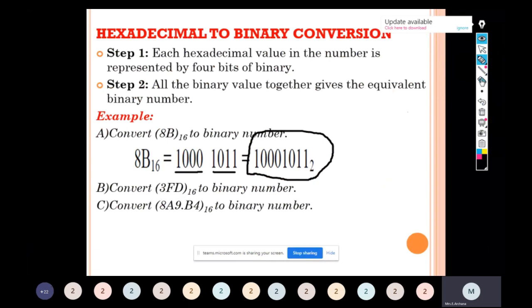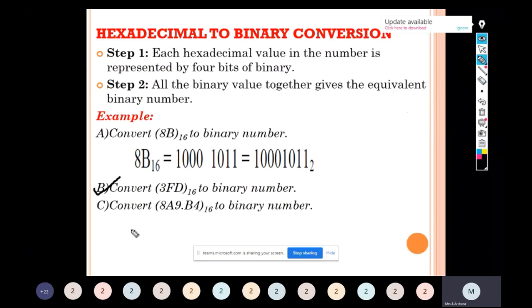Let me look at the problem 3FD to the base 16 to binary number. First, we have to write 4 digits. 3FD to the base 16. This is a hexadecimal number.